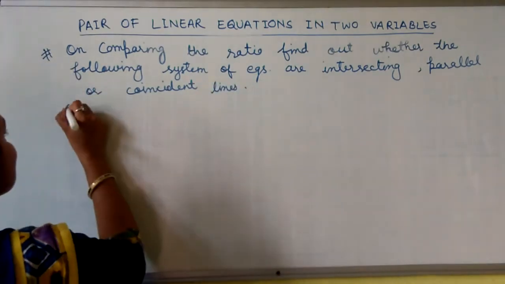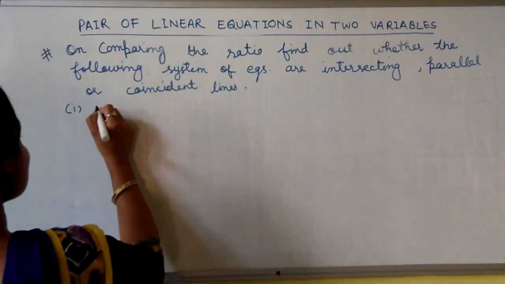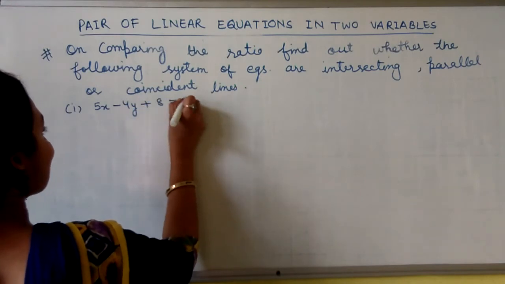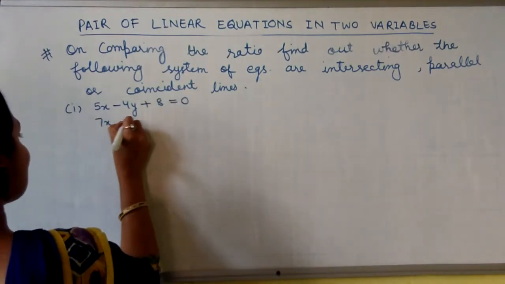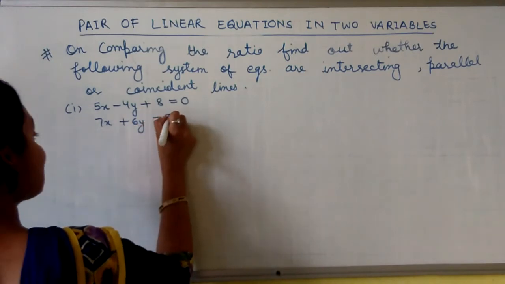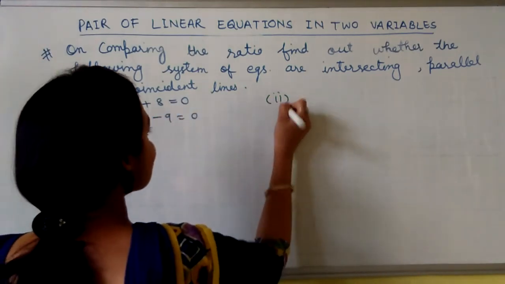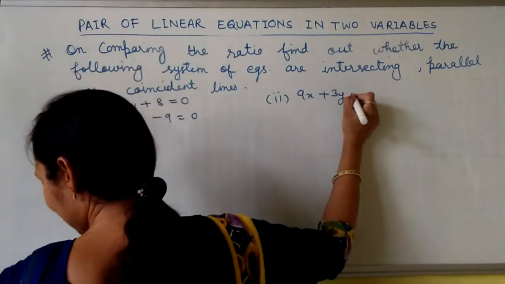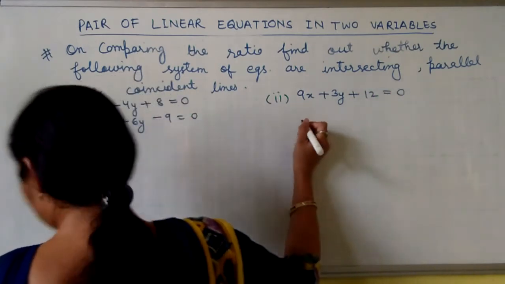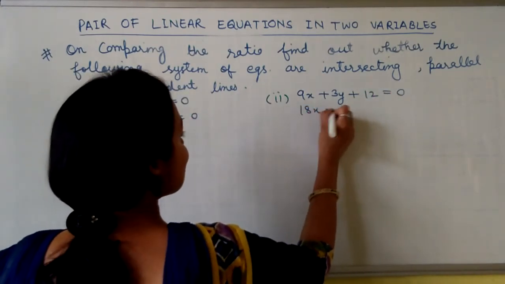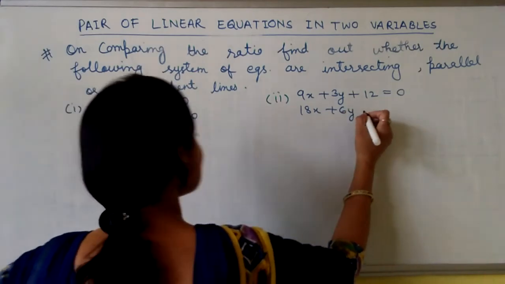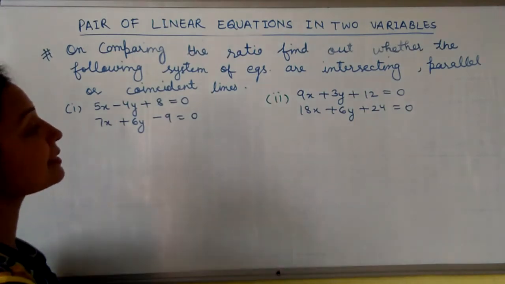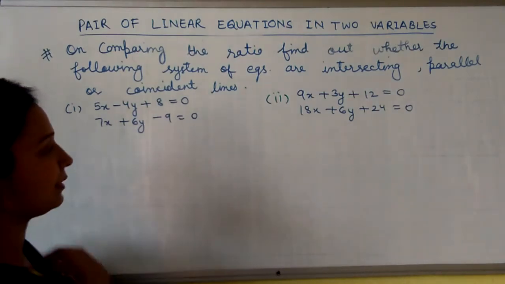Okay, so the question has two parts. First is 5x minus 4y plus 8 equals to 0, and the second equation is 7x plus 6y minus 9 equals to 0. Here we have the second part, that is 9x plus 3y plus 12 equals to 0, and 18x plus 6y plus 24 equals to 0. So we have to check whether these are coincident lines, intersecting lines or parallel lines.